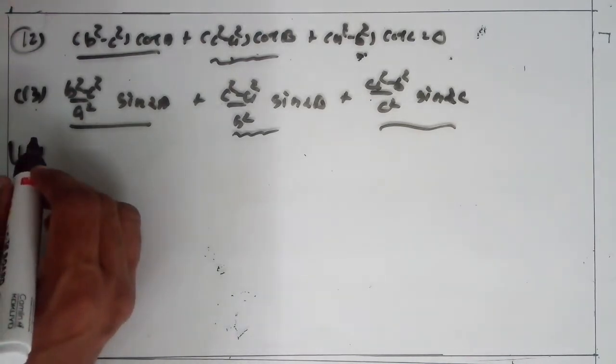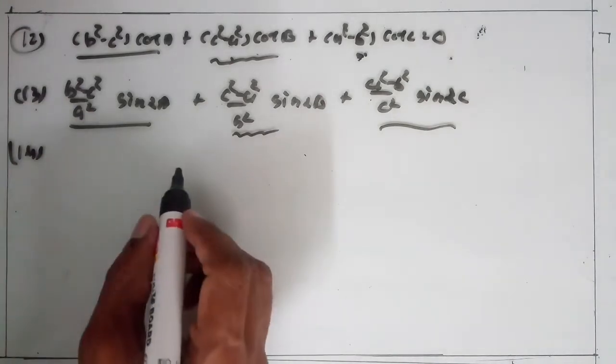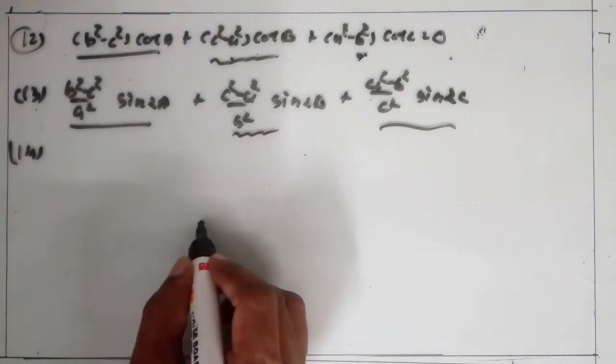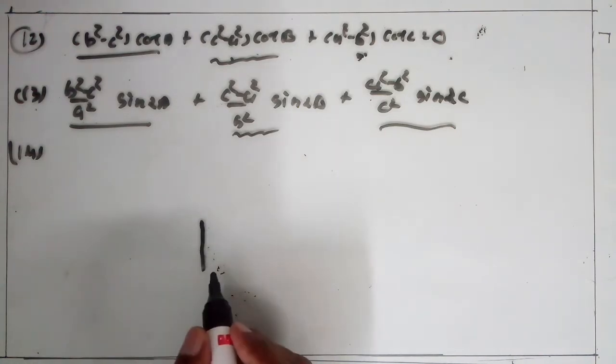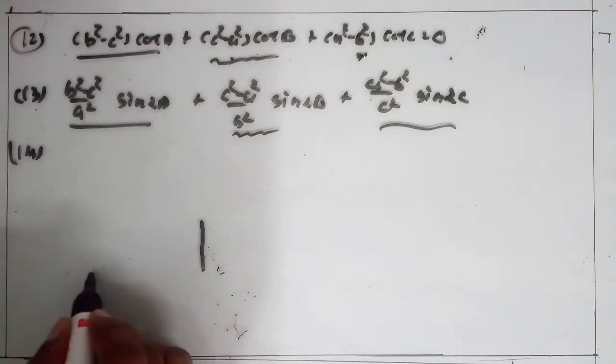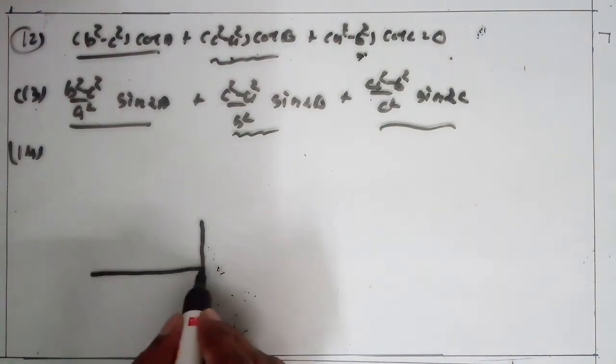A tree stands vertically on a hillside which makes an angle of 15 degrees with the horizontal, from a point on the ground, 35.